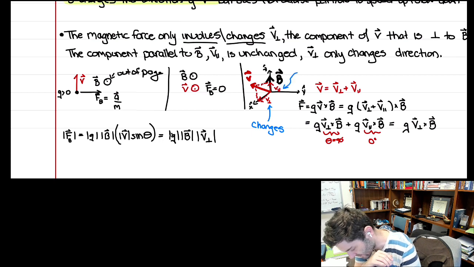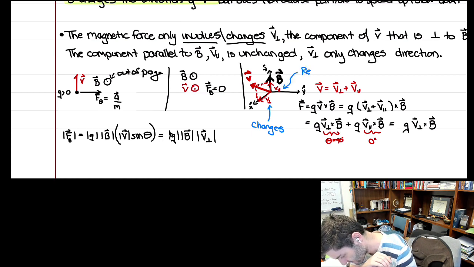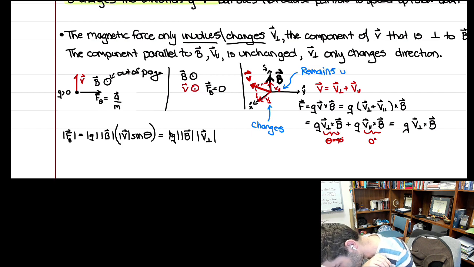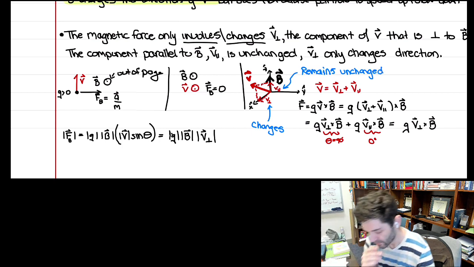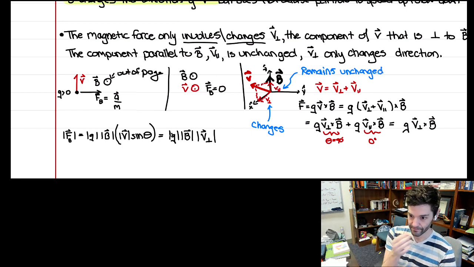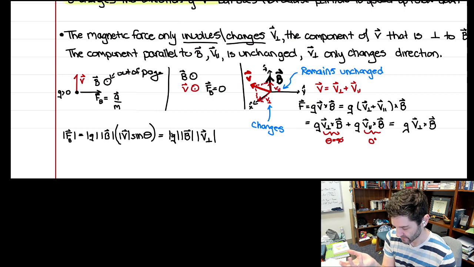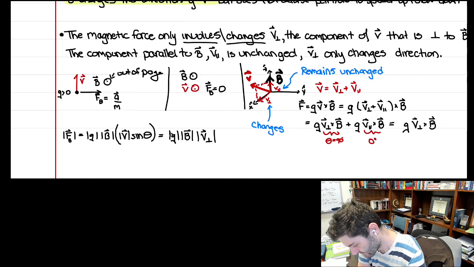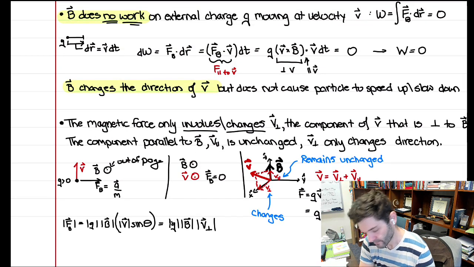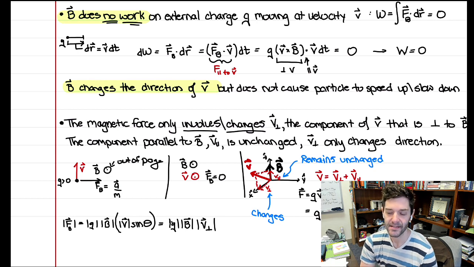This component here remains unchanged, both in direction and in magnitude, because the magnetic field does not affect that component. The result of this is that when you have a charge moving through a magnetic field, it tends to follow a helical path as a result.